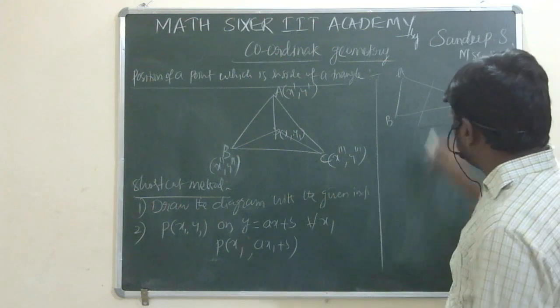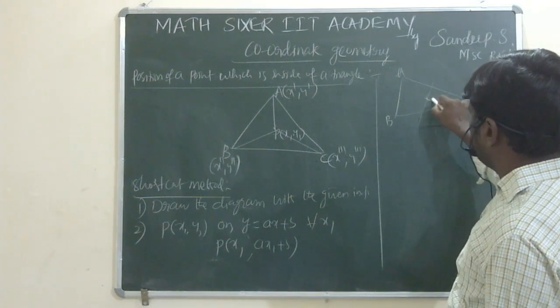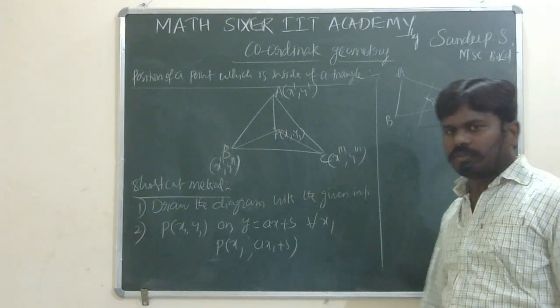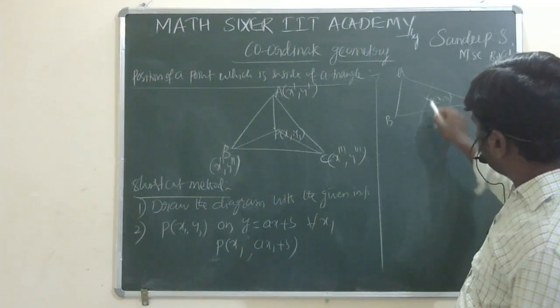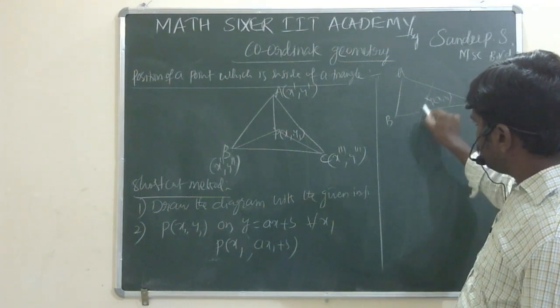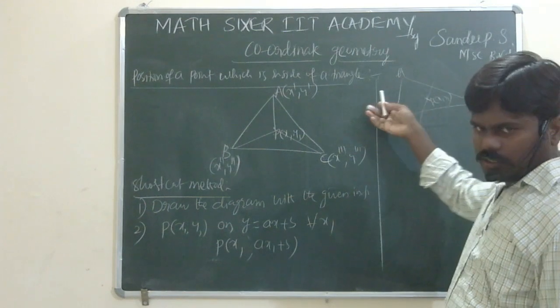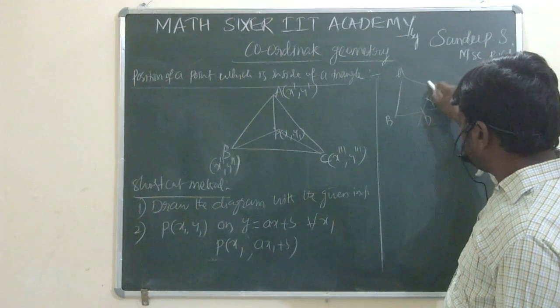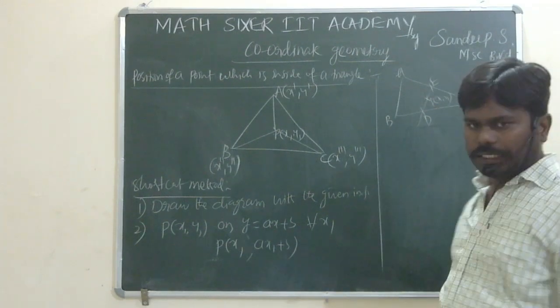On this we have the point P of x comma y1, or x comma y simply. Now this is a straight line which is intersecting any two sides of the triangle. Let it be this AC and also BC. So just name these as D and also E.